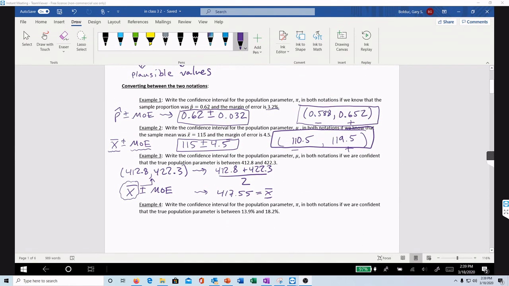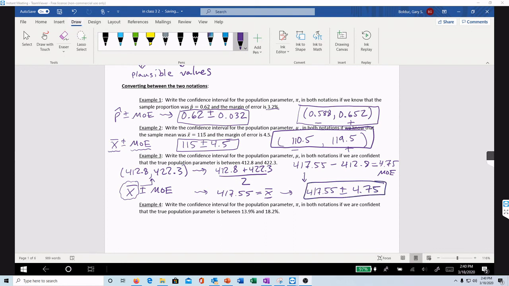Let's do my x bar minus my low number. 417.55 minus 412.8 gives me 4.75. That's my margin of error. So altogether, I combine these, and I get that my confidence interval is 417.55 plus or minus 4.75.